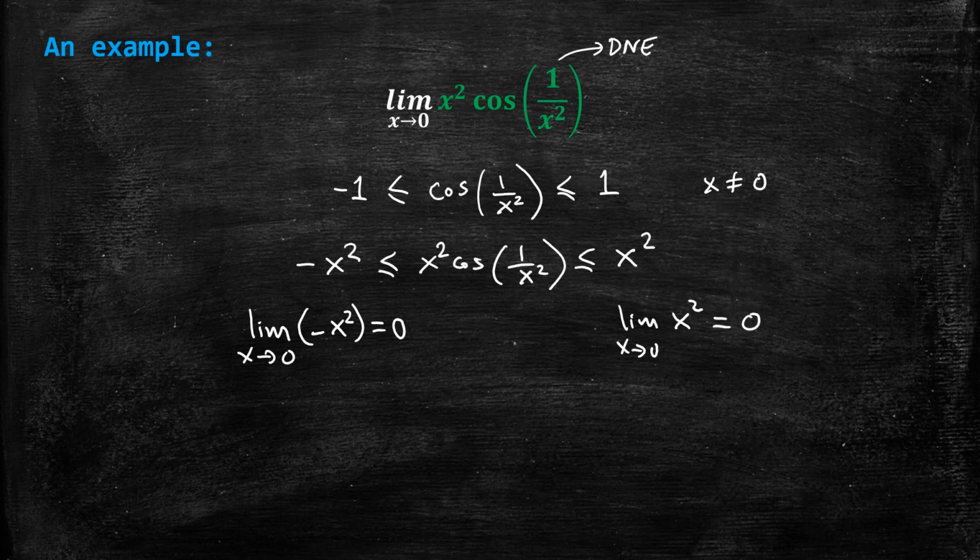And because those two limits exist and are equal to one another, both equal to 0, that implies that the limit of x squared cosine 1 over x squared as x goes to 0, by the Squeeze theorem, must follow suit and must actually match these two limits.